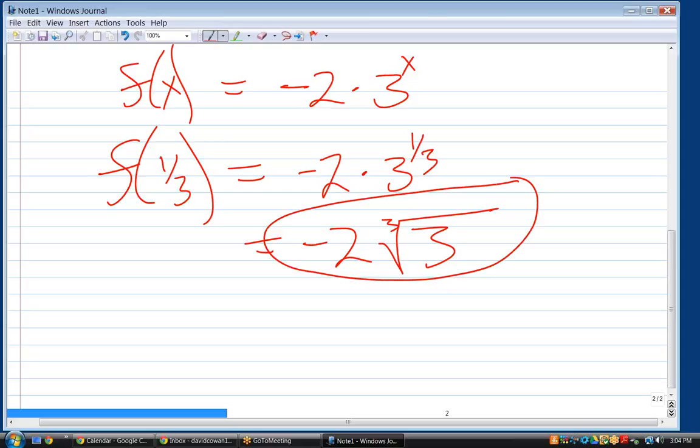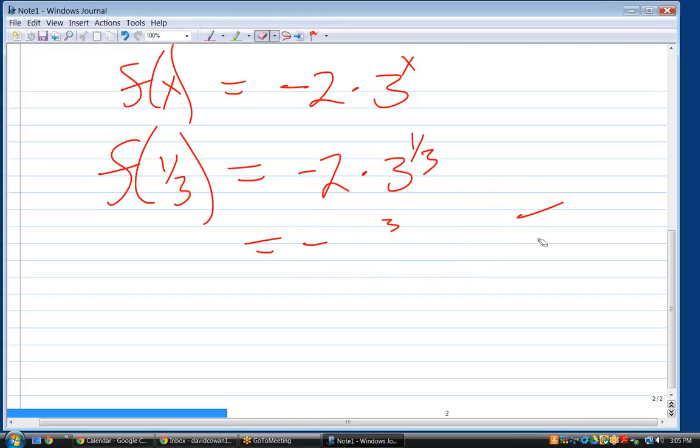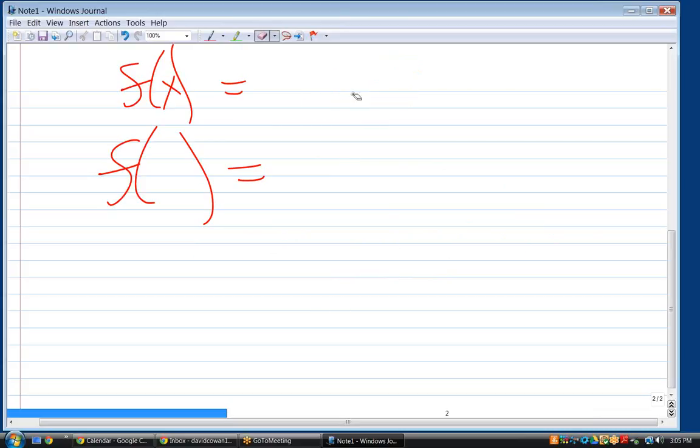Unless they told you to convert it to a decimal and round off to so many places. But there's no answer more accurate than this right here. Okay. That makes sense. Any irrational number is better shown as a radical than it is a decimal. A decimal always rounds off an irrational number.